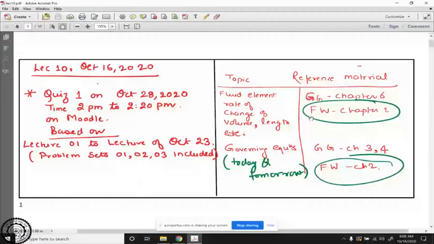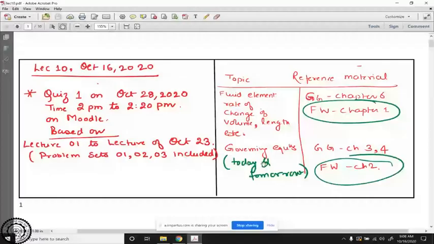But if you do not have access to the E version of Gupta and Gupta, at least this you should have. So you can read stuff from here. FW is Frank White, Viscous Fluid Flow by Frank White. The full description of the title of this book is available in the course document, which is on Impartus Backpack.